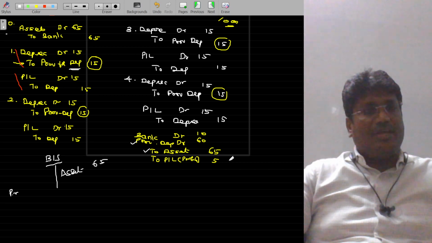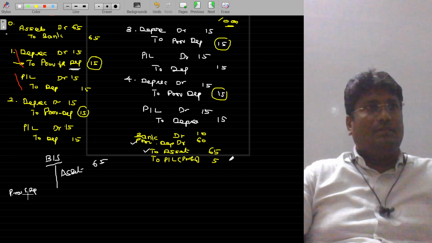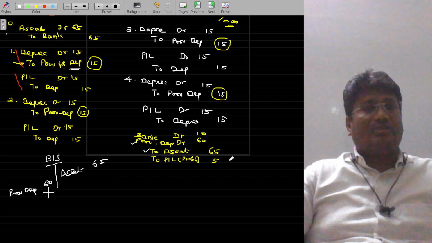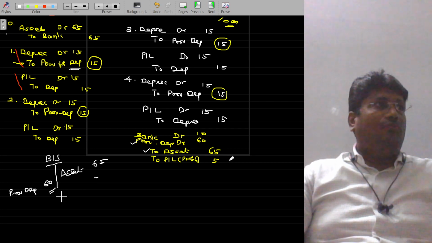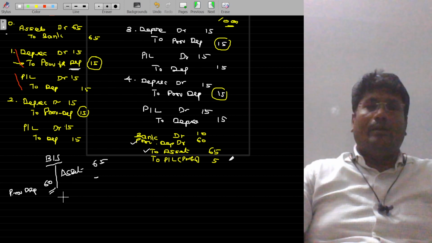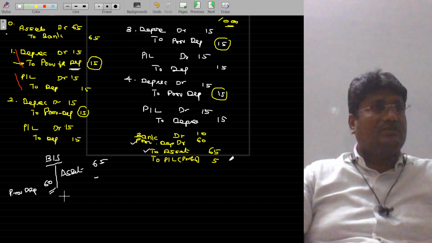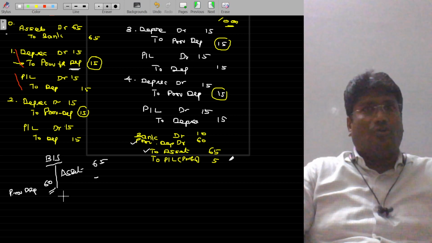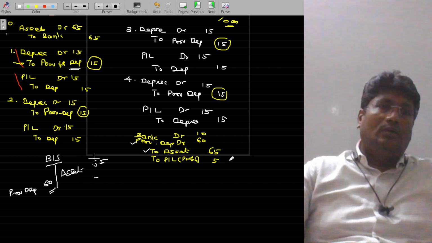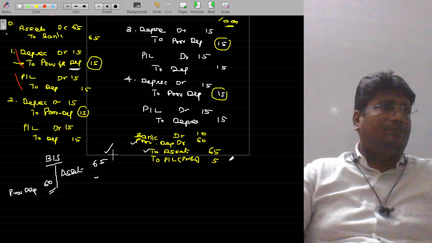Provision for depreciation appears in the balance sheet, either on the liability side or it might be subtracted from the asset side, which is the accumulated depreciation as of the date of sale. After the fourth year, the accumulated depreciation of the asset being 60, the asset is supposed to be saleable for 10,000 rupees. Now, the original value of the asset is 65.